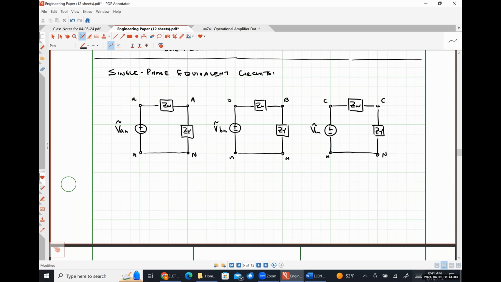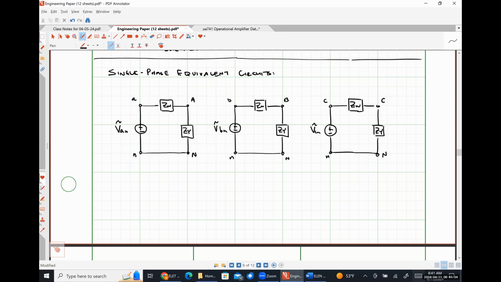Now, let's talk about what quantities we can get directly from this single phase equivalent circuit. Because there are some that we can get directly, and there are some that we're going to have to go back and get using more conventional circuit analysis techniques, right? So let me ask you guys a simple question.